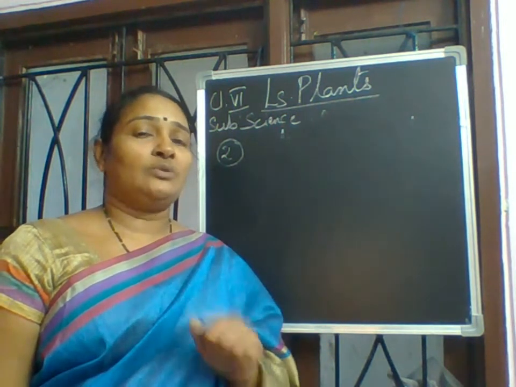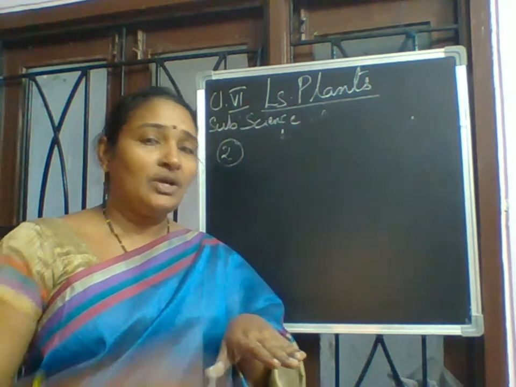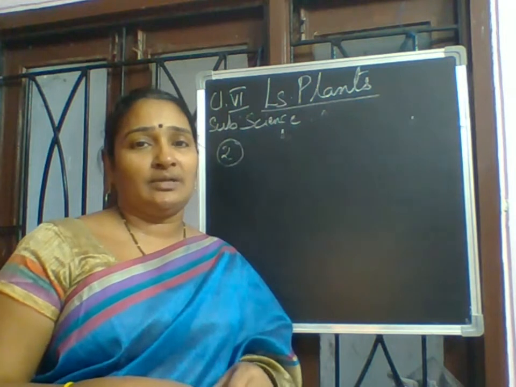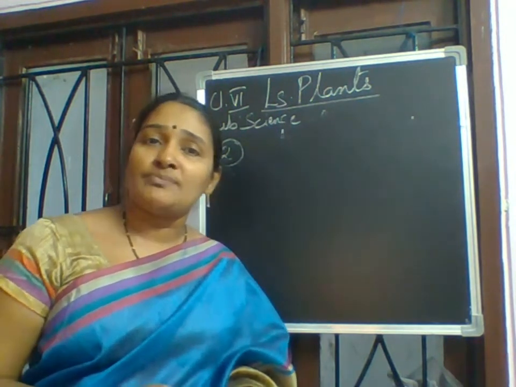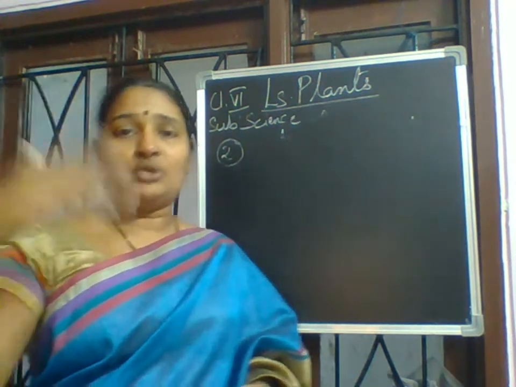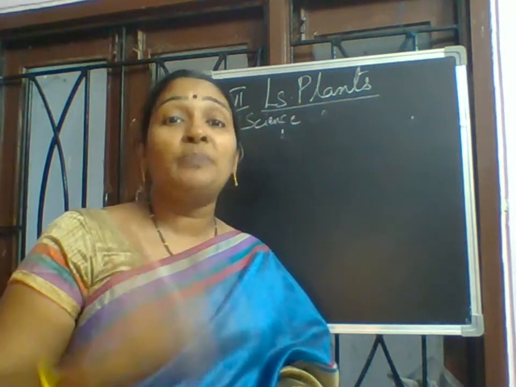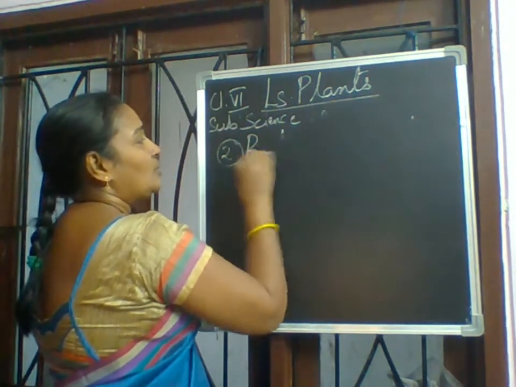So what they do is, on the surface of the soil itself, on the trunk itself, some additional roots arise. Those additional roots have the capacity to absorb oxygen or carbon dioxide, and they are able to breathe. Such kinds of roots are called breathing roots.